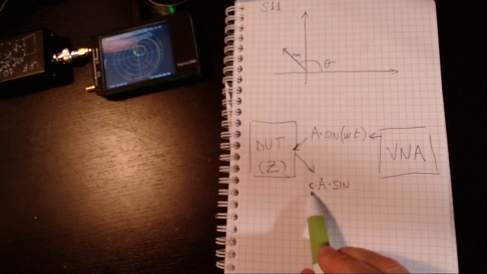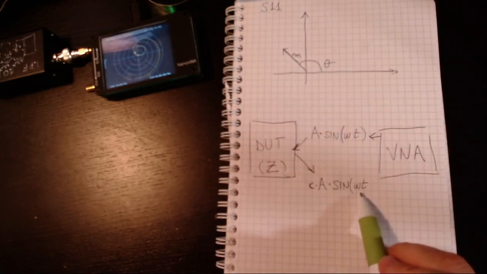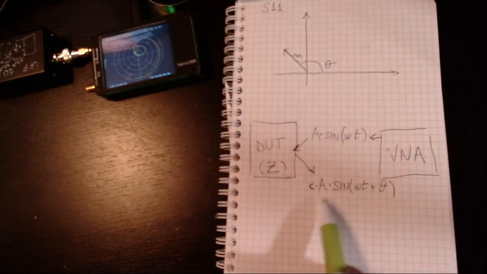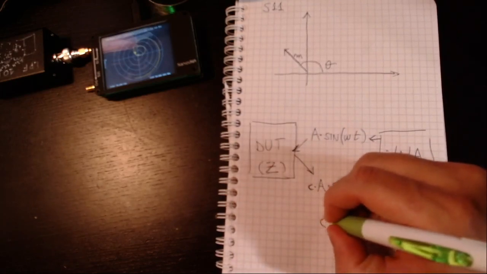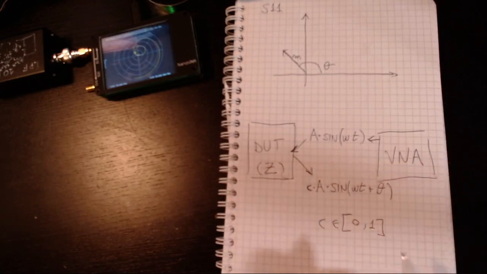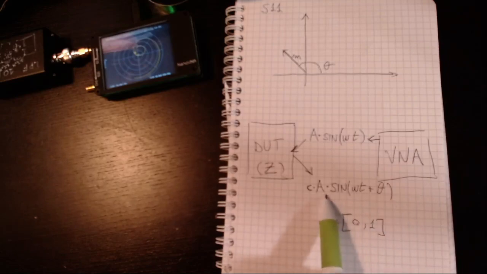Let me call it C, and what is being returned has the same frequency but potentially can have a phase difference, okay? In general this C is an attenuation factor, so it's going to be a number between 0 and 1, okay? If C is 1, we are getting back the signal with its full amplitude. If it is 0, basically this becomes 0, and we are getting absolutely no reflections, okay?